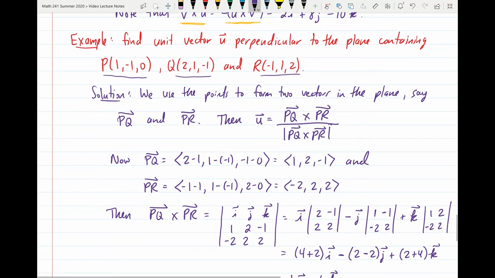And then we can divide the cross product of PQ and PR by the magnitude of PQ cross PR, and that'll give us a unit vector, which we're going to call U.